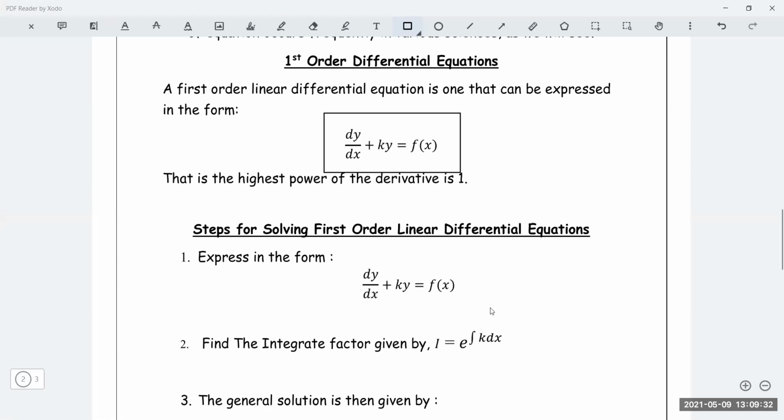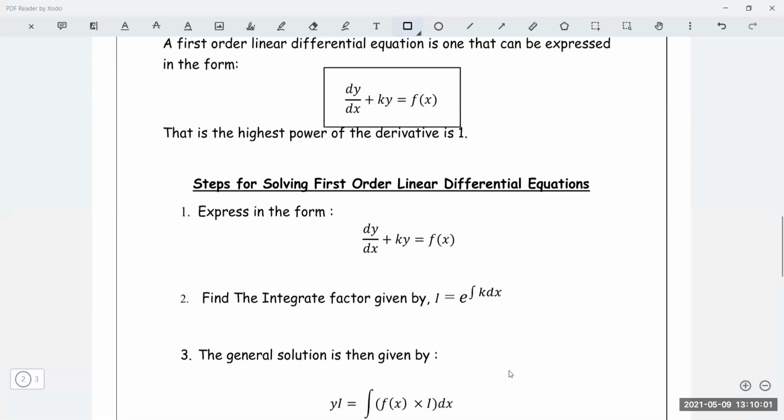What's the second thing that you do? Find the integrating factor, which is calculated by e to the integral of k dx. Whatever k is, e to the integral of this function will give you the integrating factor.